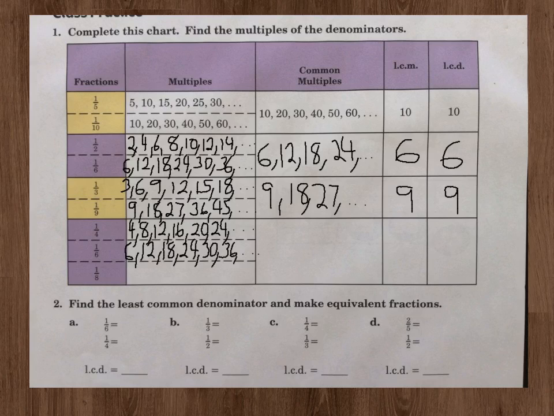What's kind of cool is we had 1/6 there, so it was easy to do. And then we'll do our 8. We'll do 8, 16, 24, 32, 40, 48.